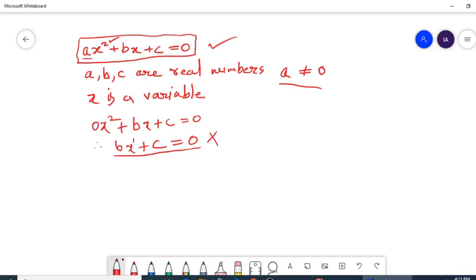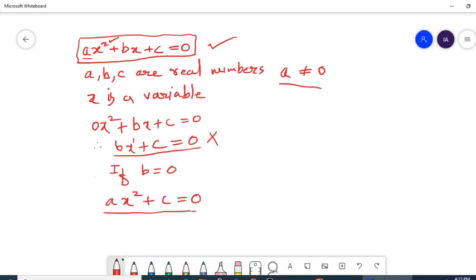What if b or c is 0? So suppose if b is 0, then this equation will become ax square plus c equals to 0. This can be considered as quadratic equation because highest degree is 2.